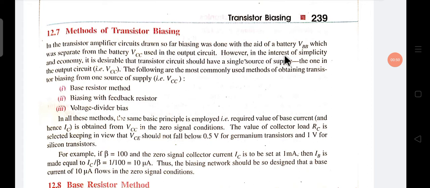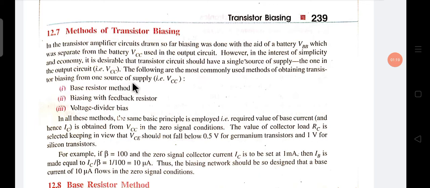However, in the interest of simplicity and economy, it is desirable that a transistor circuit should have a single source of supply, the one in the output circuit, VCC. The following are the most commonly used methods of obtaining transistor biasing from one source of supply.